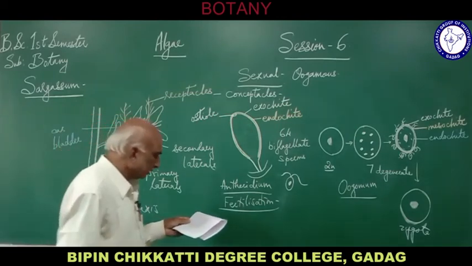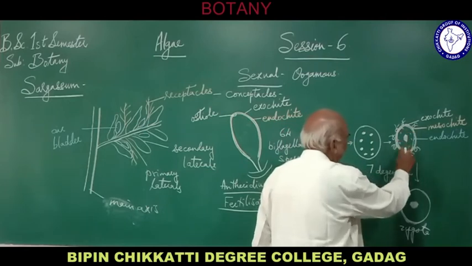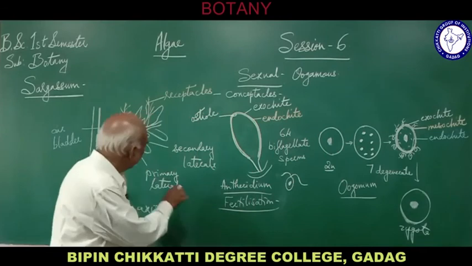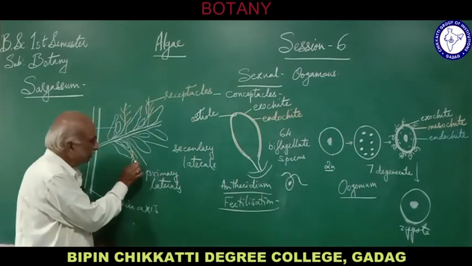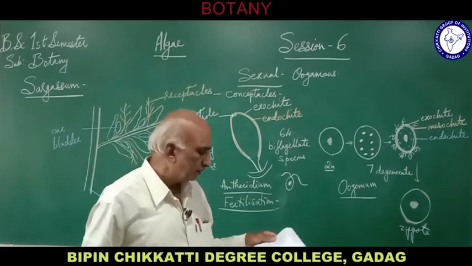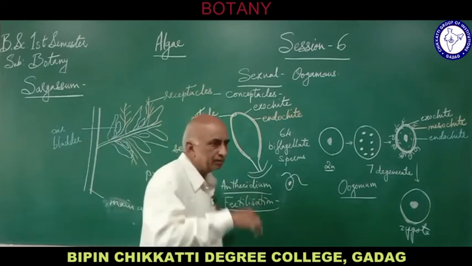So the oogonial wall gets disrupted, and the zygote itself gets released into the water. That means when the conceptacles are present, they are released in the outer regions, and this zygote rests on a hard surface.